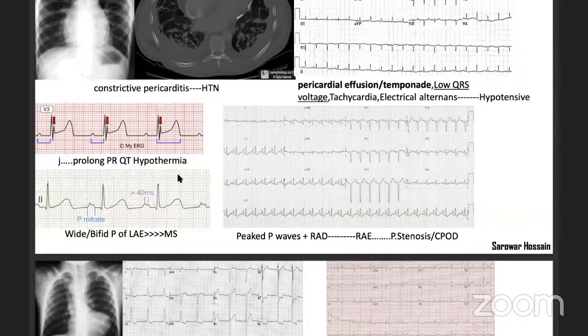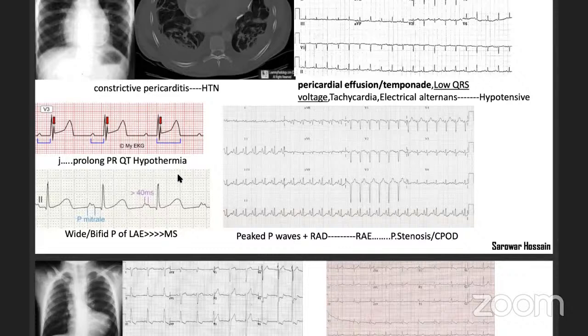Epsilon will have T wave inversion. It is seen in hypothermia. It is seen in ARVD. It is seen after exercise also normally, and it will reverse. Even STEMI will have J point elevation, and benign early repolarization, pericarditis, normal variant.